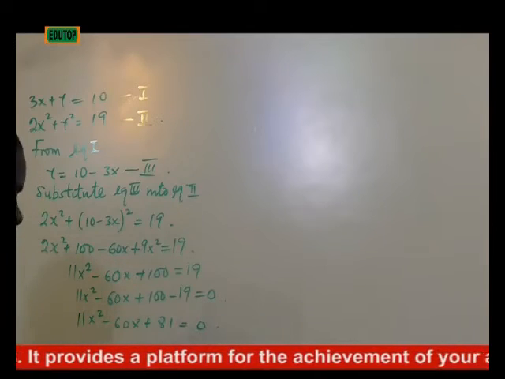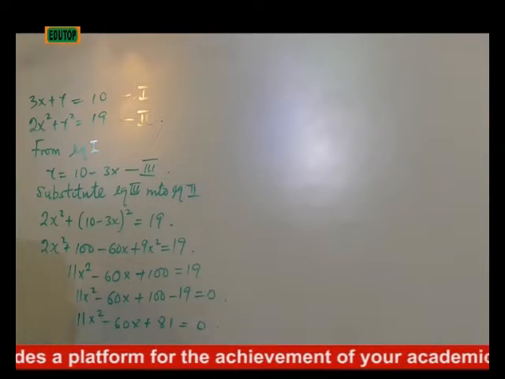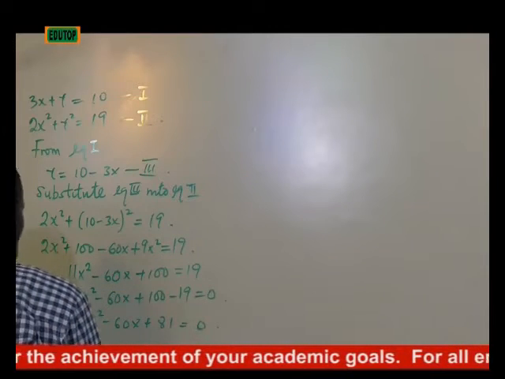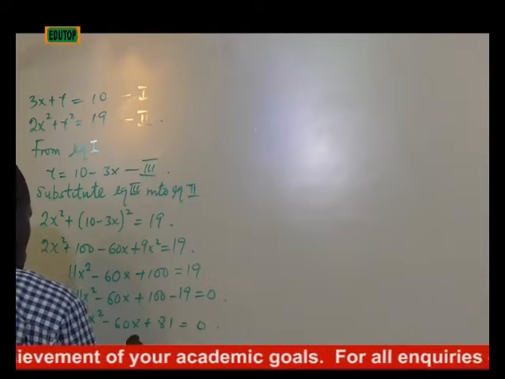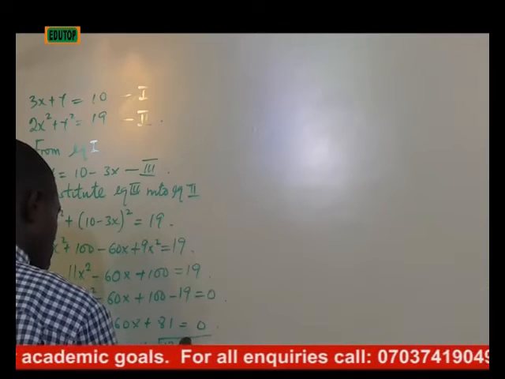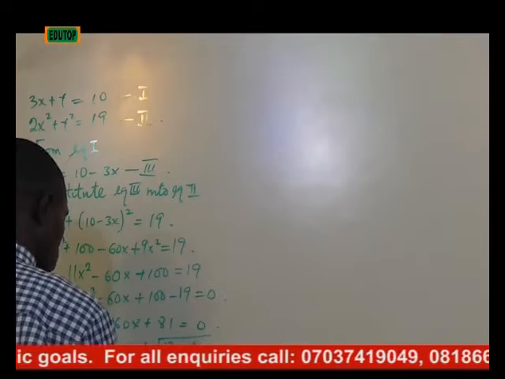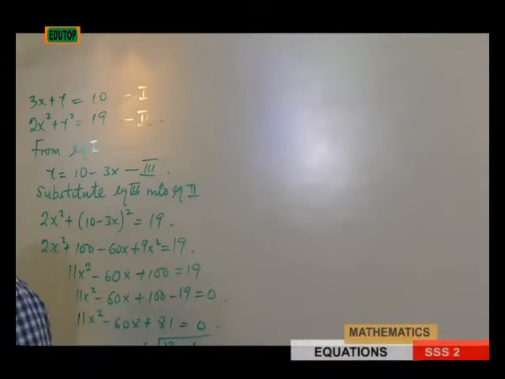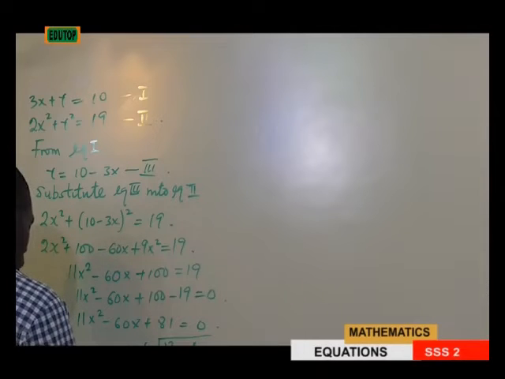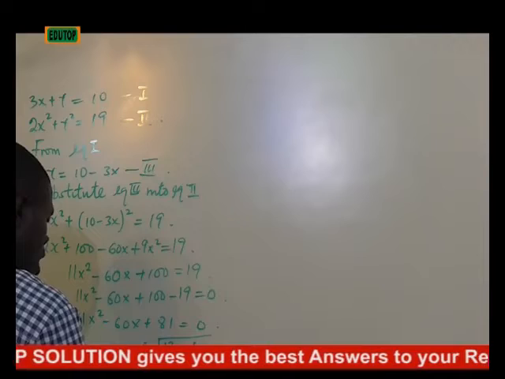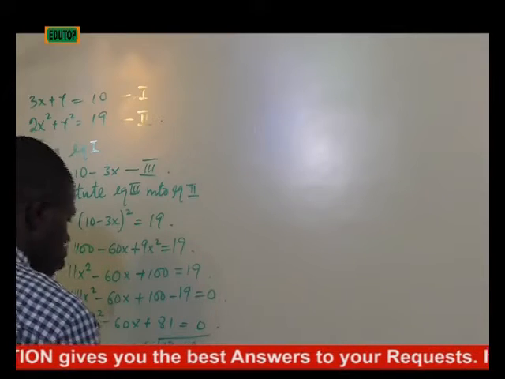This is a bigger number. We can resolve this by using the formula where x equals minus b plus or minus square root of b squared minus 4ac over 2a, where a will be 11, b will be minus 60, and c will be 81.